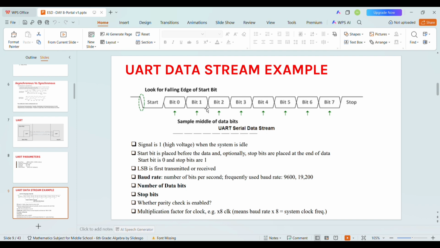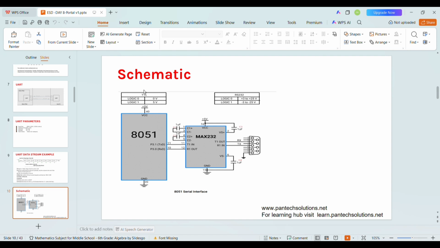Now moving on, let us understand two other important terms required for UART communication. First is TTL. TTL stands for transistor-to-transistor logic. It is a type of logic where 0 volt is defined as logic 0, and a threshold voltage is defined for logic 1.